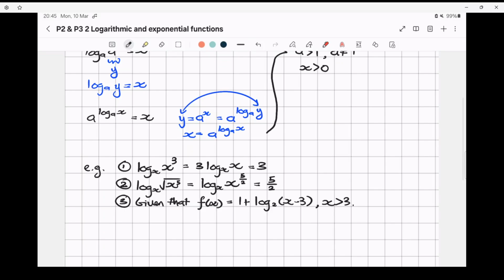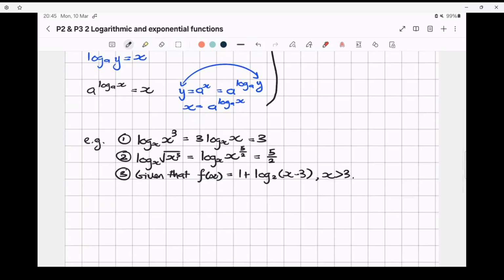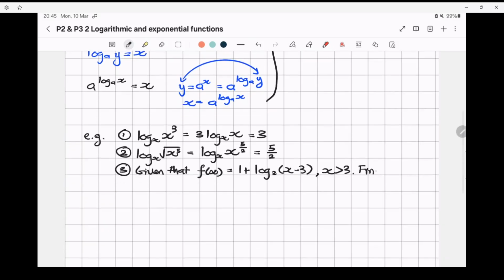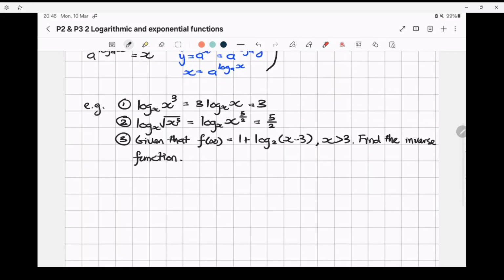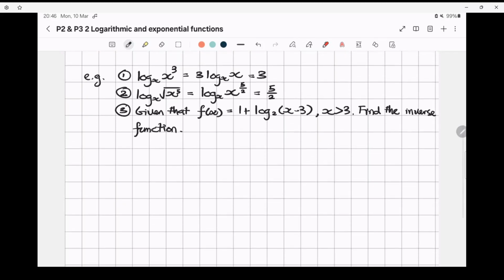So example 3, given that f of x is 1 plus log base 2 of x minus 3, x is greater than 3, find the inverse function. By now you should know that the inverse function of logarithm is exponential. First you let f of x equal y, then f inverse of y equals x.